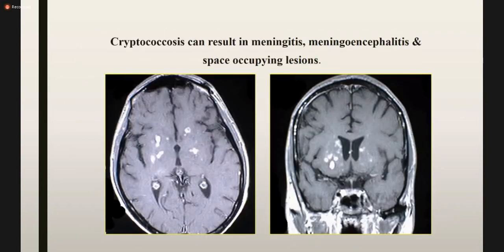So for cryptococcus, this is the MRI brain, axial view and coronal images. These show cryptococci bilaterally in the basal ganglia and thalamus, and they can cause meningitis with involvement of the meninges, meningoencephalitis because of involvement of the parenchyma, and also space-occupying lesions.